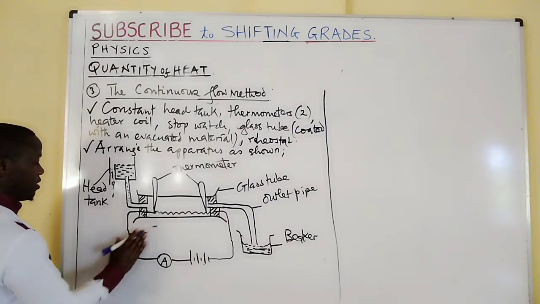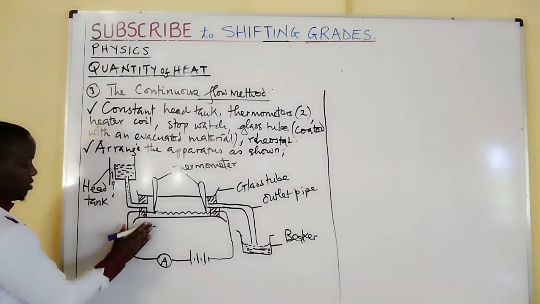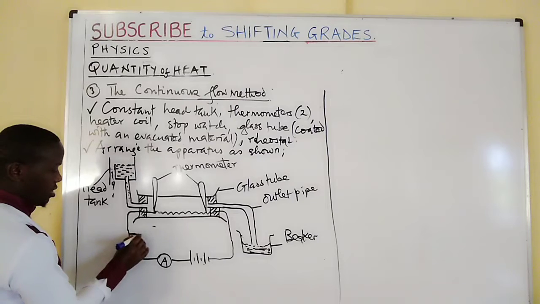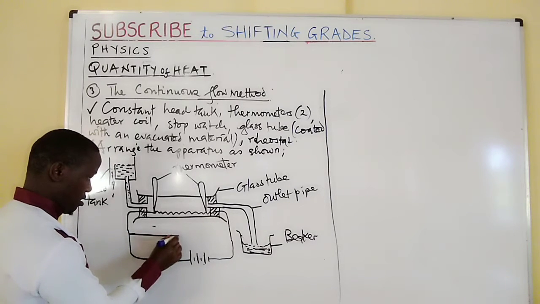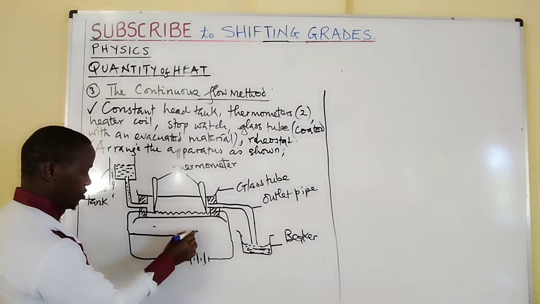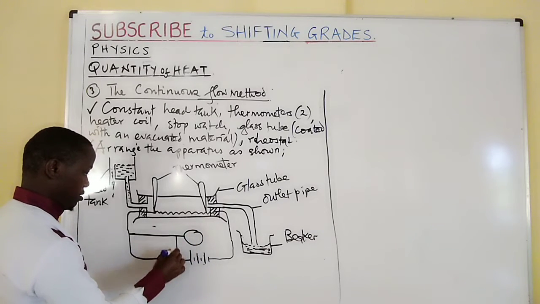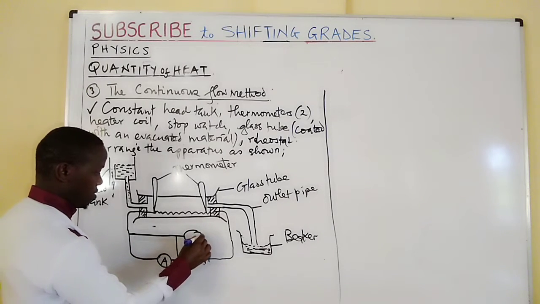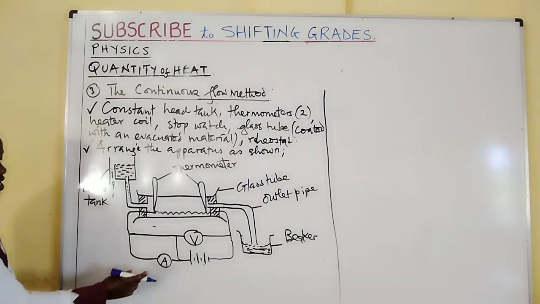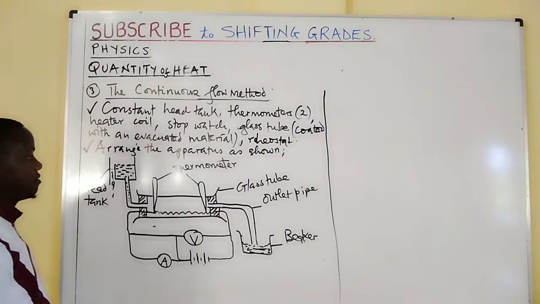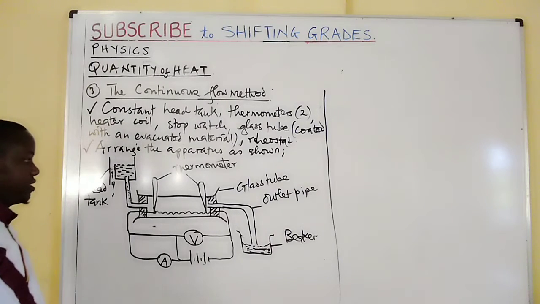Then a voltmeter is connected across it. So a voltmeter is connected there with an ammeter here. And the stopwatch you are holding.